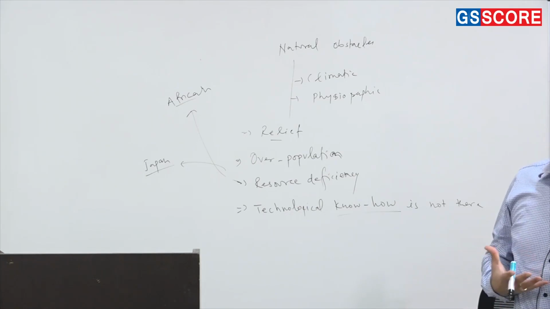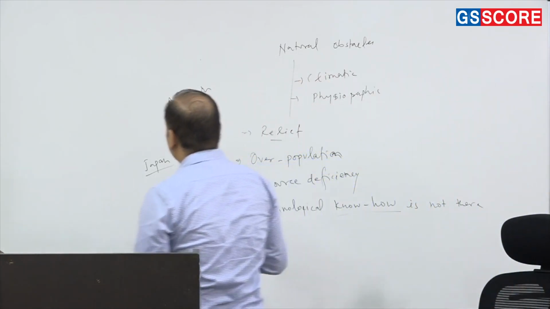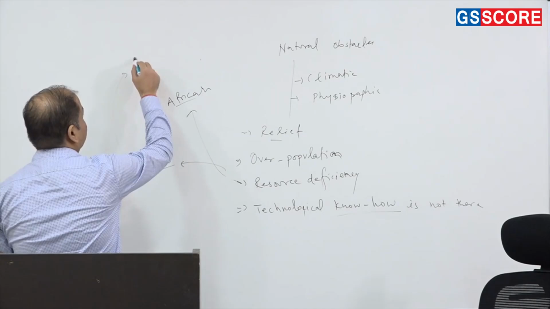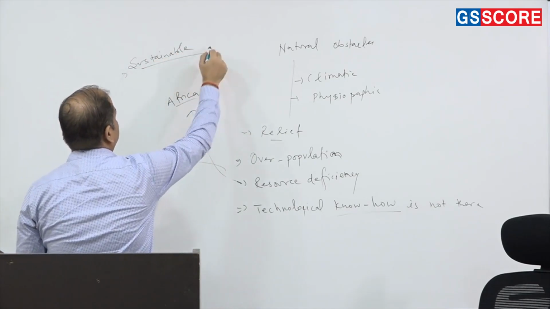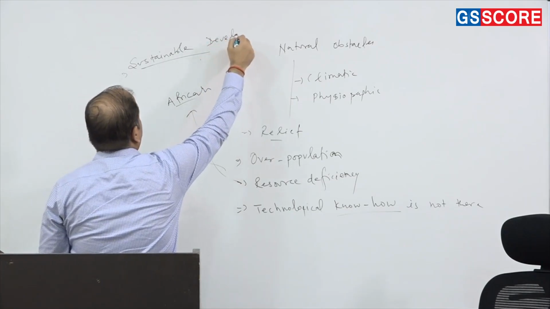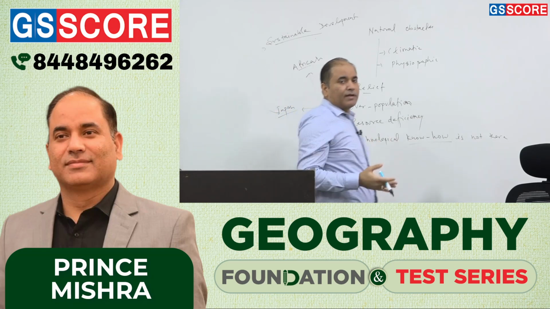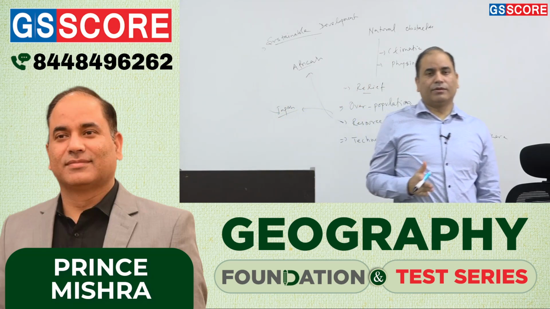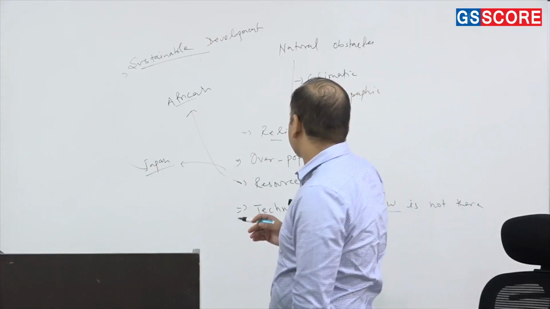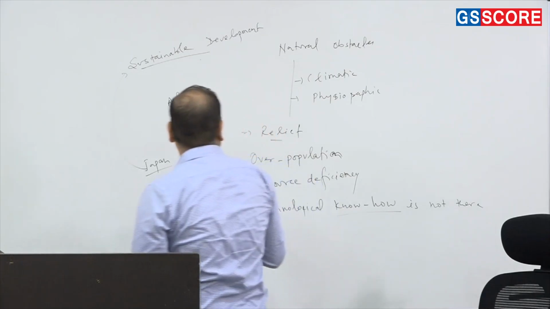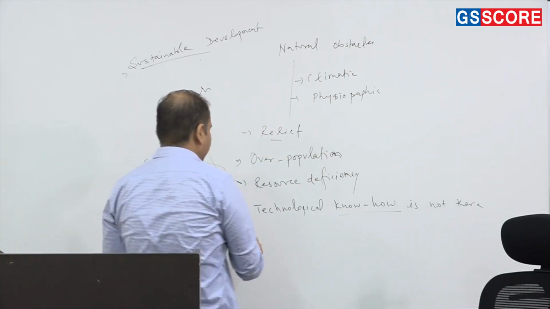Because they have the technological advancement, and because of the technological advancement, they are not only harnessing the resource, but also they are capable of maintaining their resources. So, they are following this sustainable development.